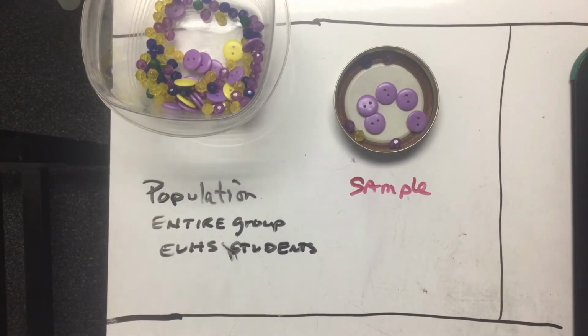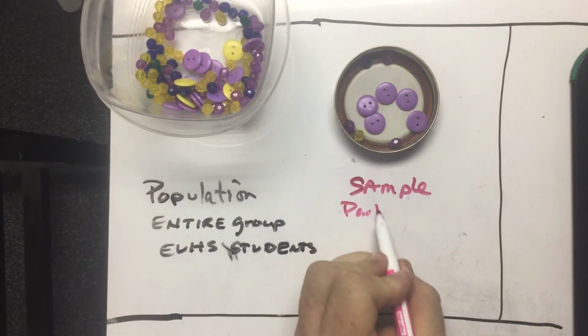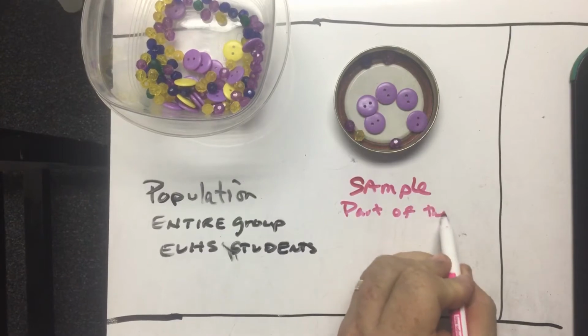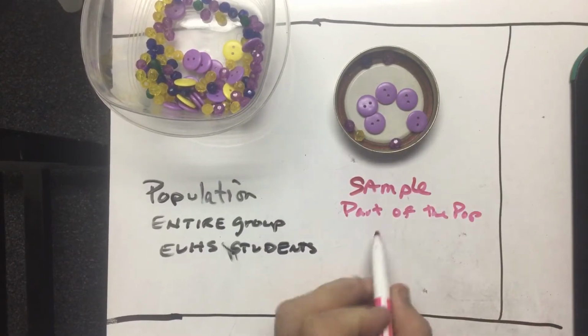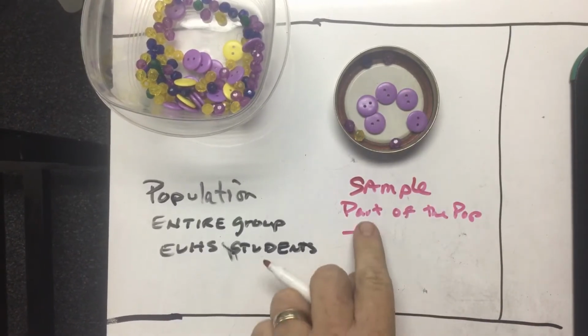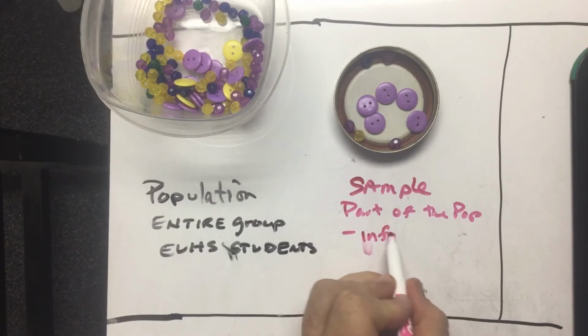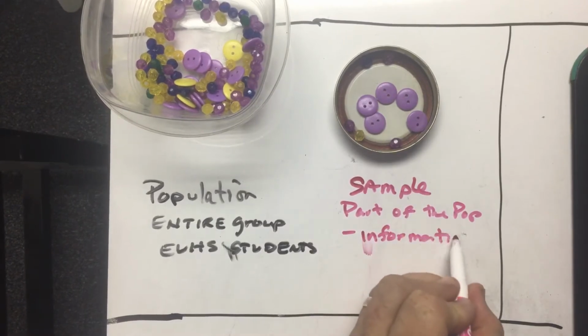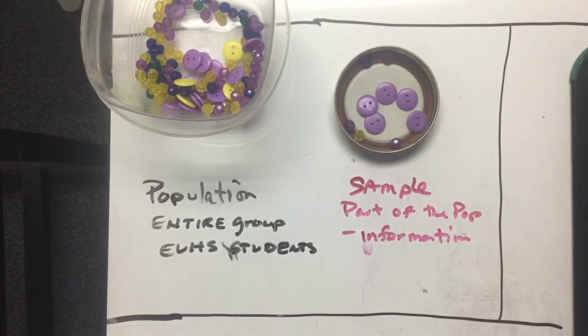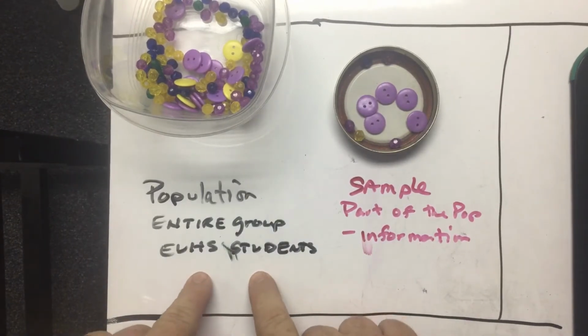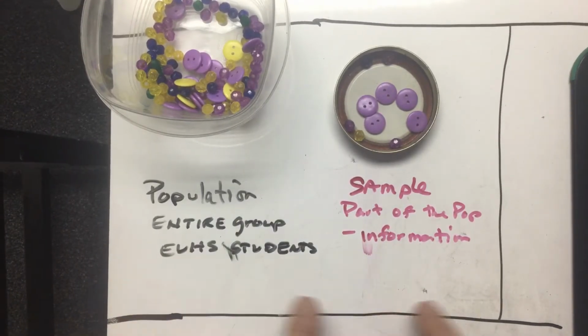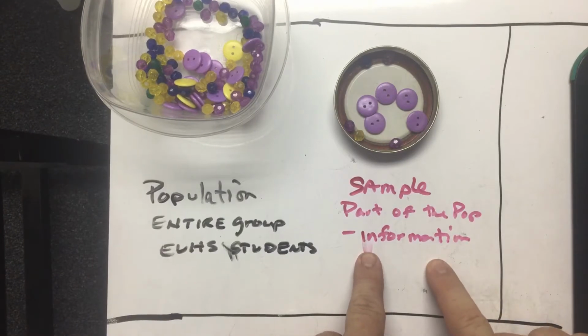So that's the idea, that this sample is part of the population. And this is where we get our information, because I don't think you would want to sample all of the EUHS students, 940 of them. It'd be a lot easier if we just sampled a small piece of them and used that information.